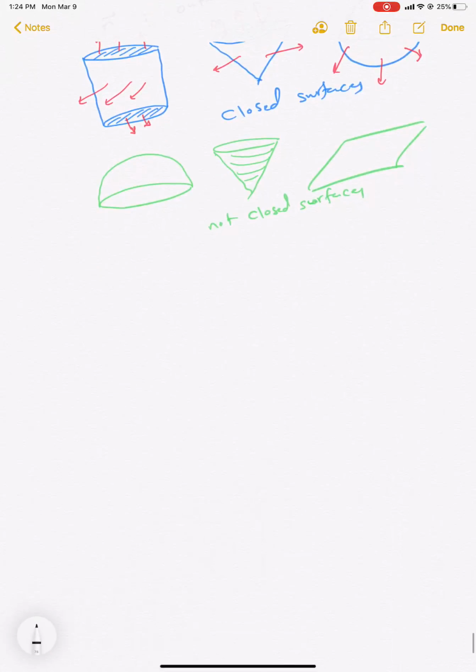And the best thing to do to clarify this is to solve an example. So, an example on the divergence theorem.